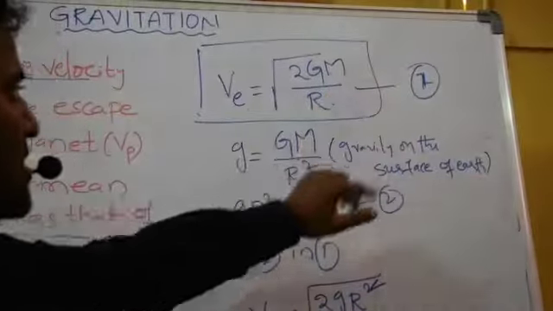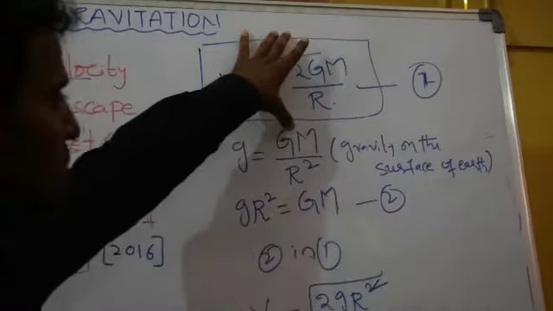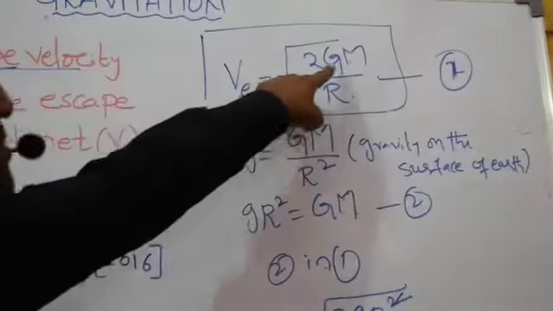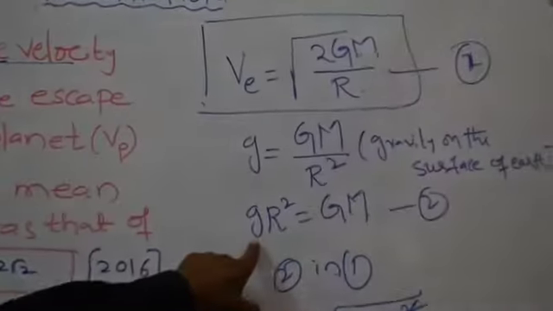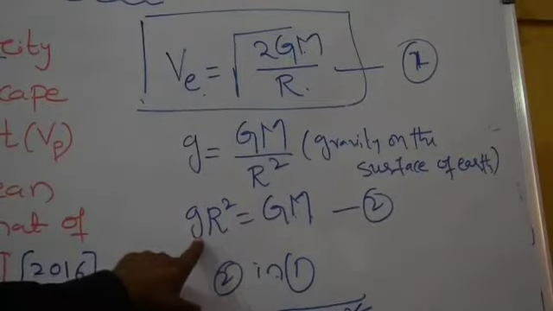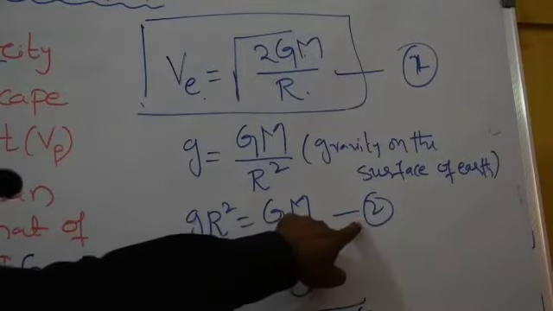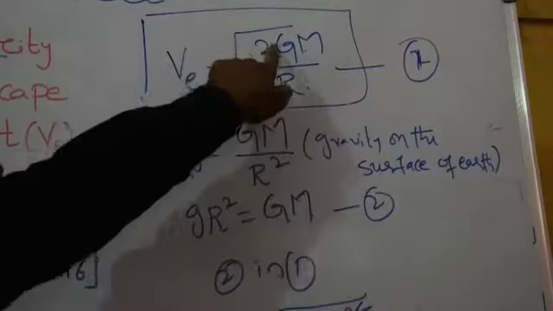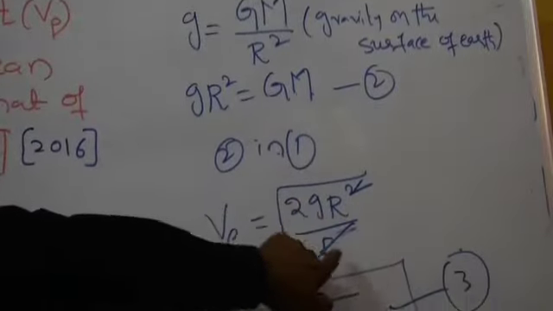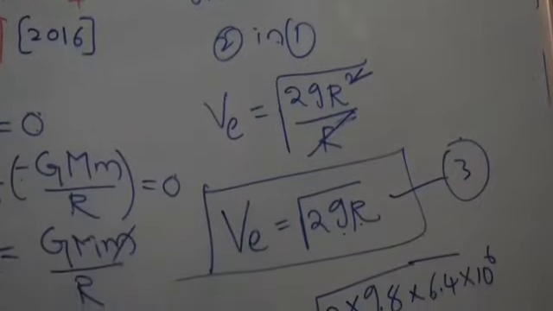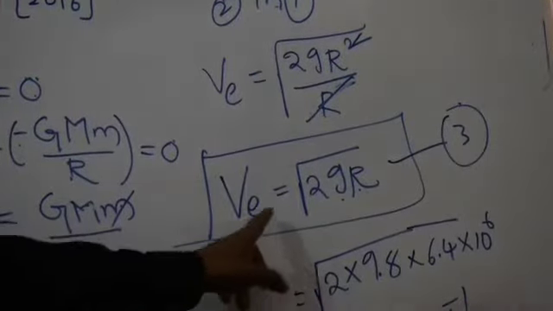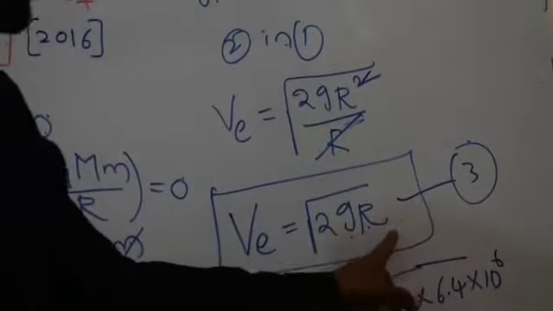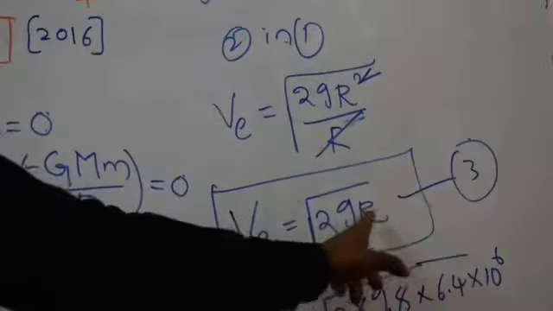This is equation number 1. Now I want to simplify this more. We know GM is equal to g R square, where g is gravity on the surface of the earth. This is equation 2, substituted in equation 1. So R square and R get cancelled. Finally we got escape velocity v is equal to under root of 2gR, that is equation number 3. This is the final one.